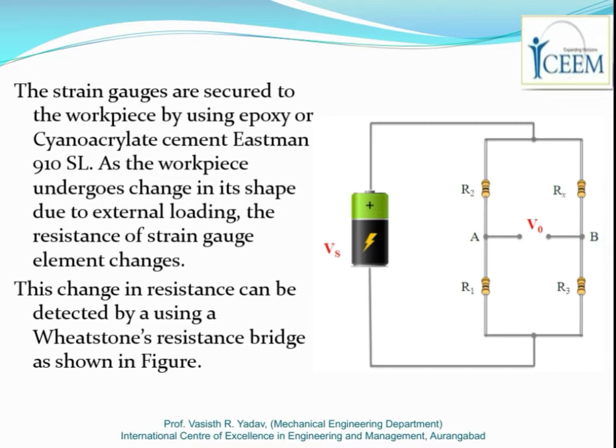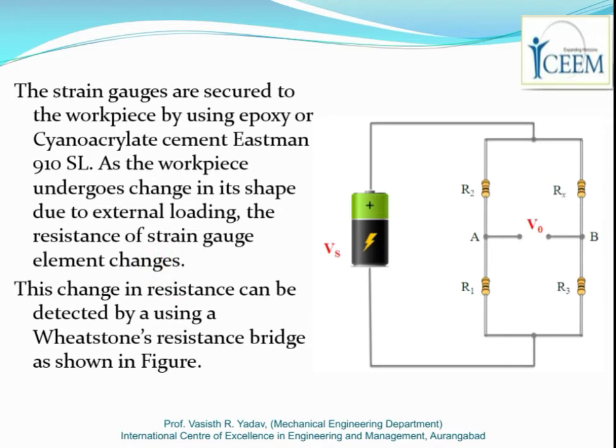Whenever there is some change in the shape of the workpiece, whether linearly or of any type, whenever the dimension changes due to external loading, the resistance of the strain gauge element also changes.